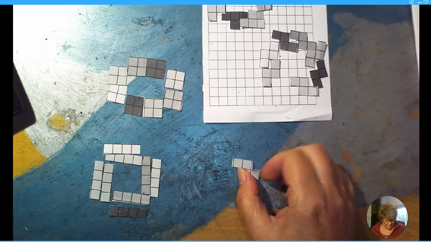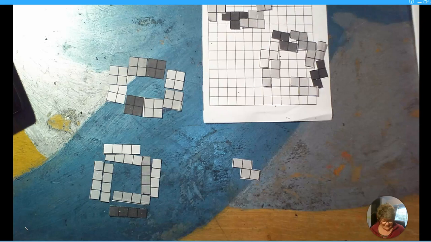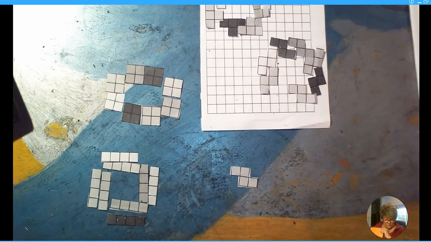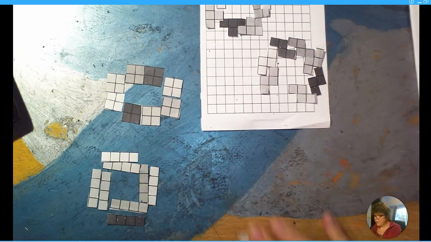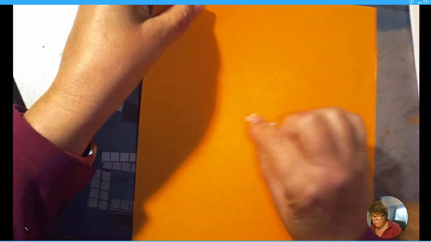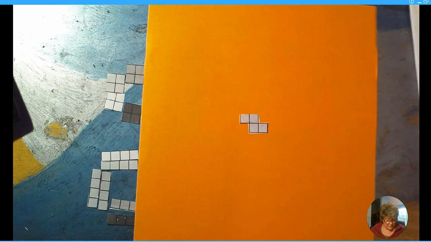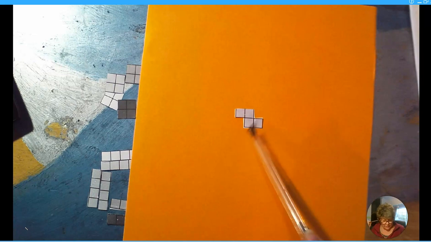Anyway, it's 4. It has the side length of 1.5 inches. So what is the area of the tetromino? So if this shape by itself has a side length of 1.5 inches, and it's pretty small, but I'm going to put it there and make it a little bit easier for you to see. What method can you use to find the area of this entire thing?